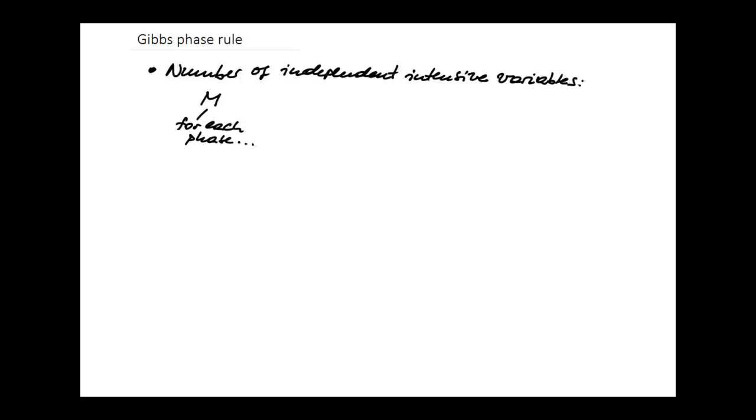So only L minus 1 of these are independent. So in each phase, we have L minus 1 independent relative abundances.